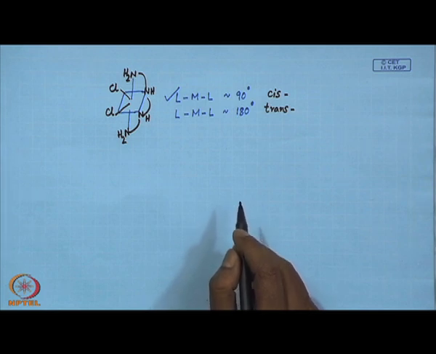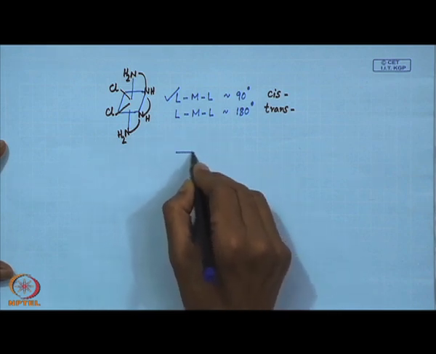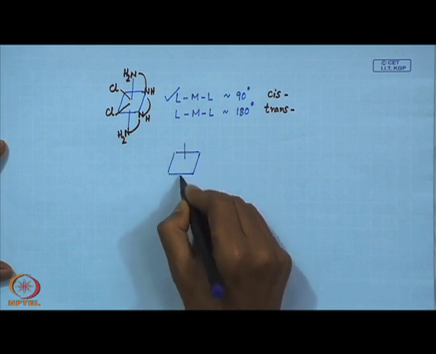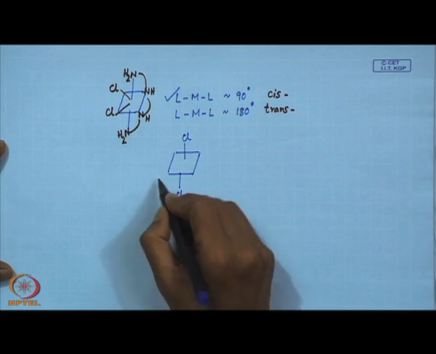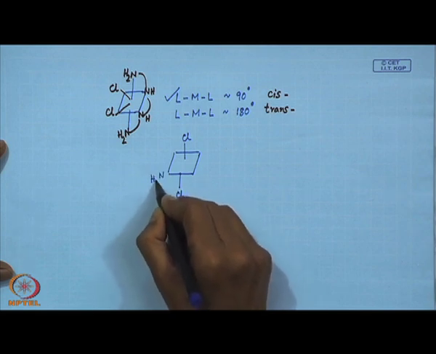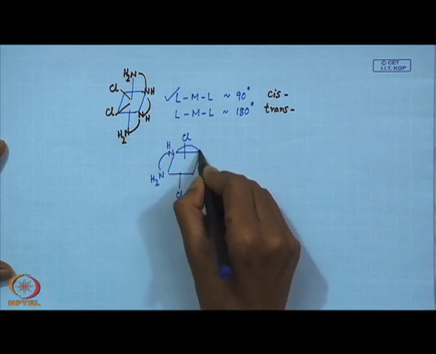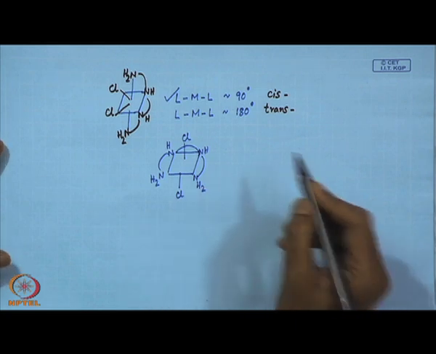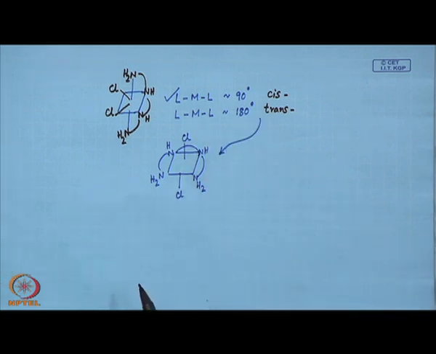And if we are lucky enough to get the corresponding arrangement of these two chlorides as Cl and Cl and this chelating ligand as NH, NH and NH2, we get the corresponding trans arrangement.